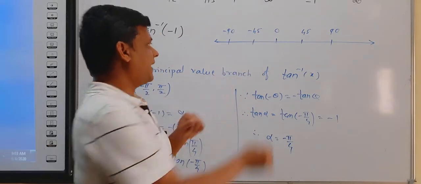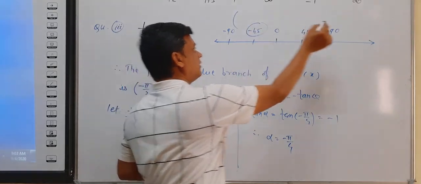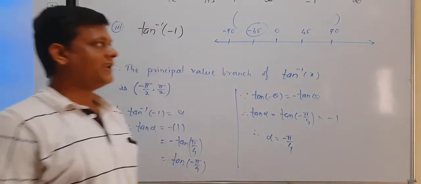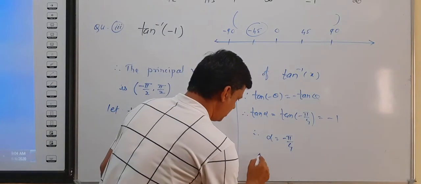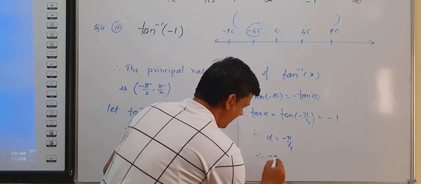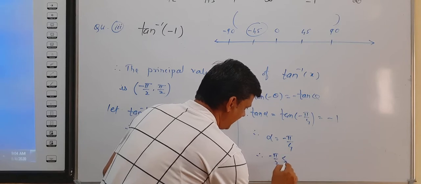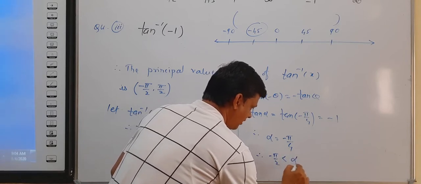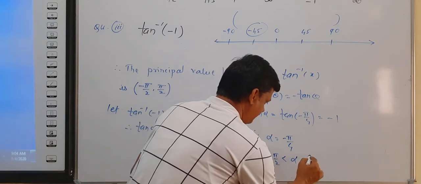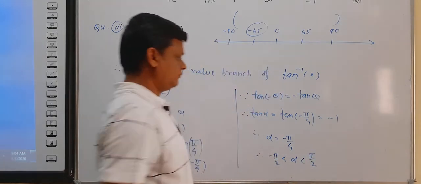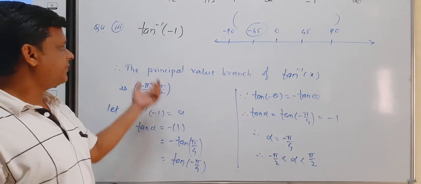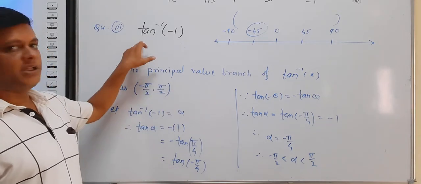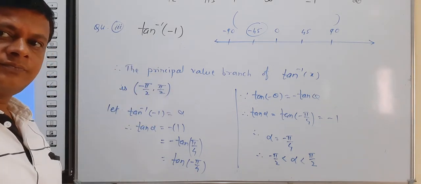That means this minus 45 lies between minus 90 and plus 90. Therefore minus pi by 2 less than alpha less than pi by 2. Therefore alpha equals minus pi by 4 is the principal value for tan inverse of minus 1.